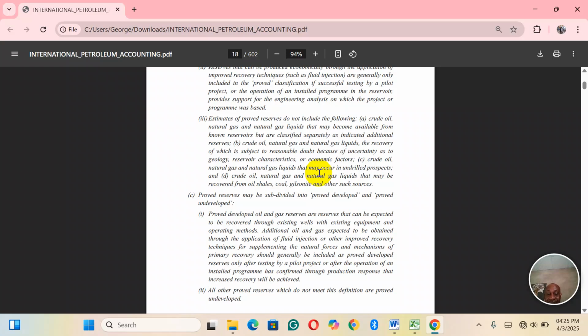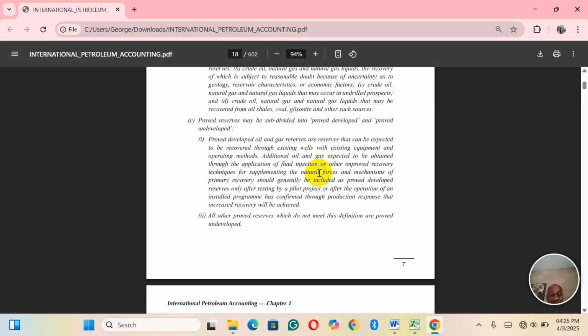Additional oil and gas expected to be obtained through the application of fluid injection or other improved recovery techniques for supplementing the natural forces and mechanisms of primary recovery should generally be included as proved developed reserves only after testing by a pilot project or after the operation of an installed program has confirmed through production response that increased recovery will be achieved.